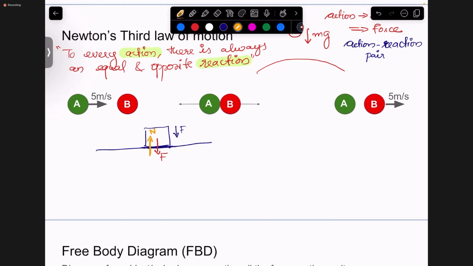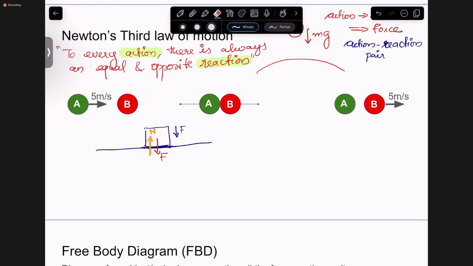So you can see this pair of equal and opposite forces is acting on different bodies. The so-called action is the force exerted by the body on the surface or the floor, and the reaction, the normal force, is exerted by the surface on the body. That is why they are not cancelled, and the effect of the force still prevails.